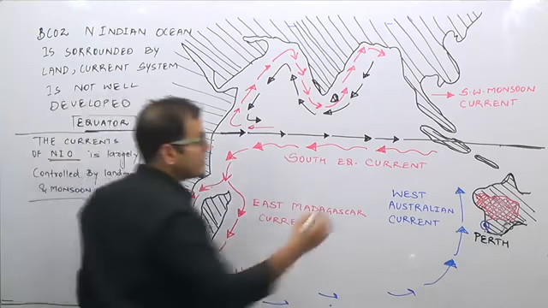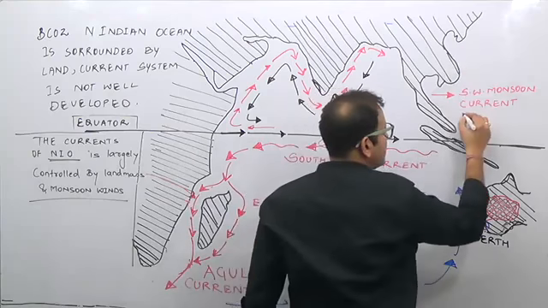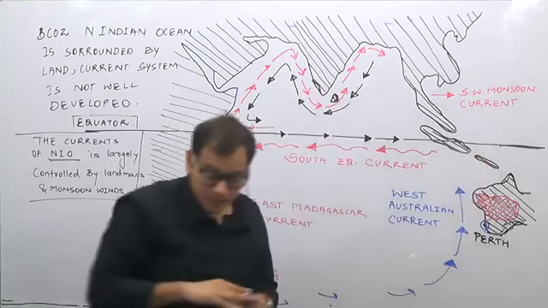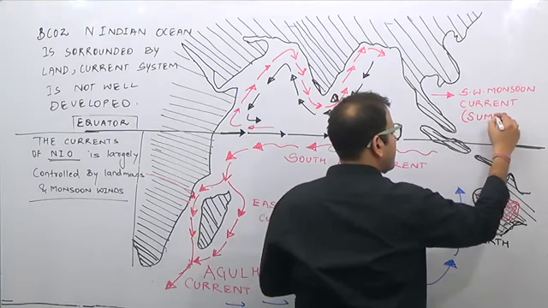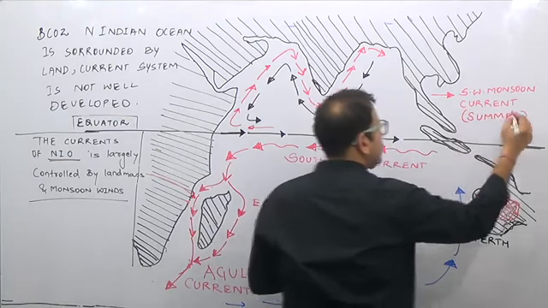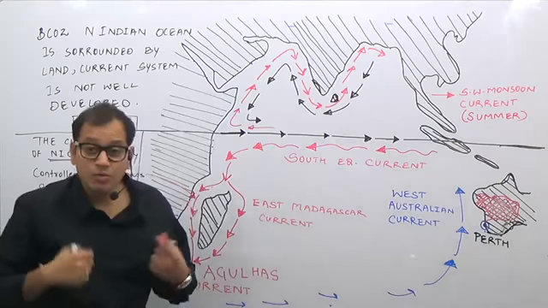Now, when does the southwest monsoon current develop? During the summer season in India, when the southwest monsoon is more prominent.